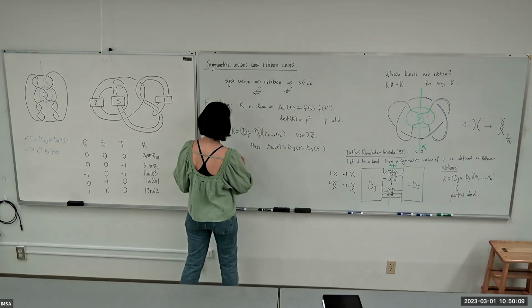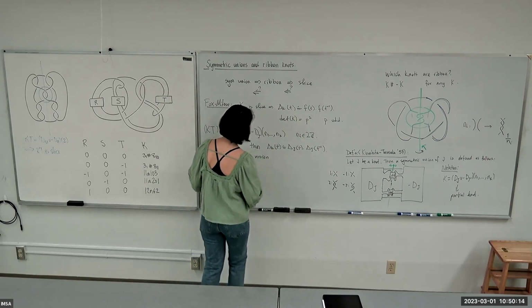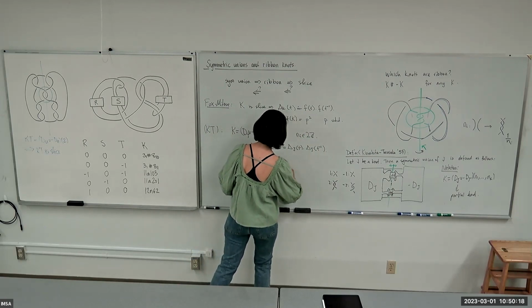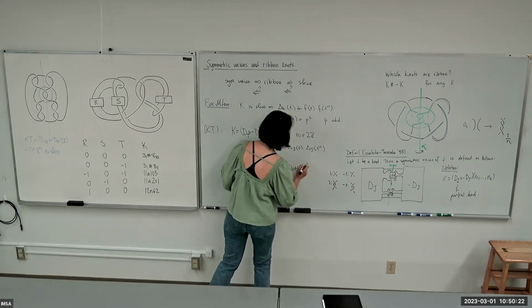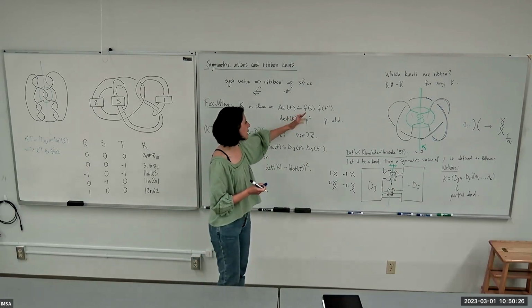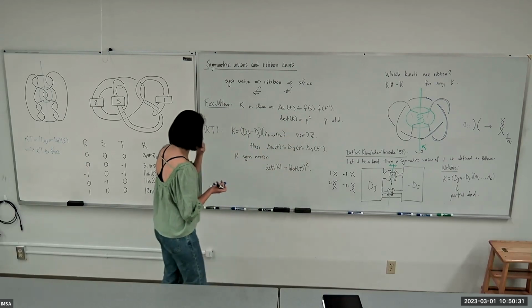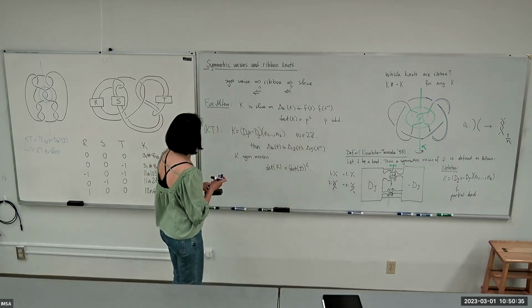But in general, for any symmetric union, the determinant of K is the square of the determinant of J. So if your slice knot admits a symmetric union diagram, you recover these factors. What else do we know?